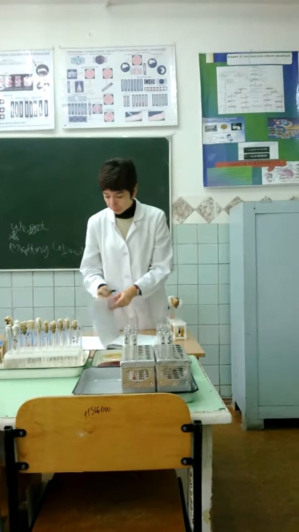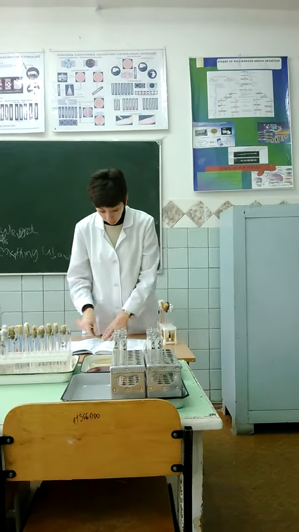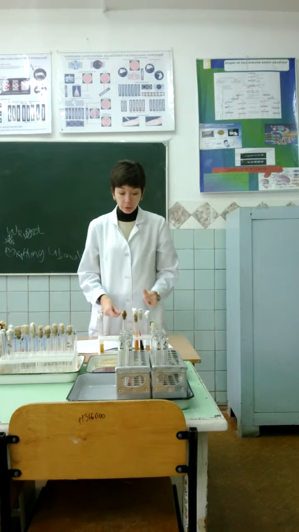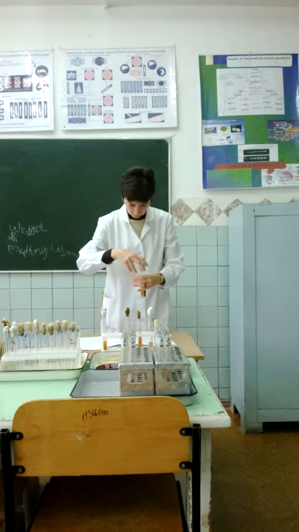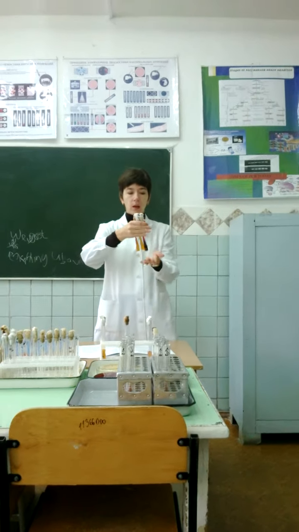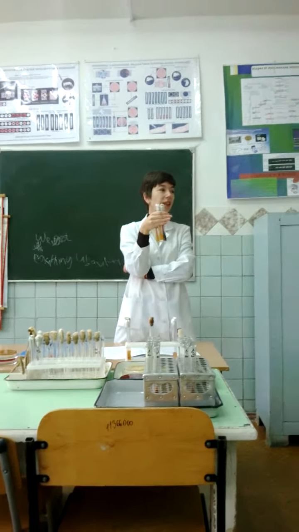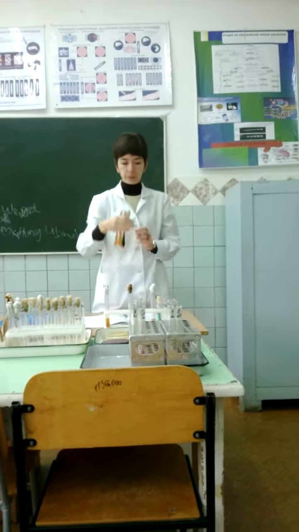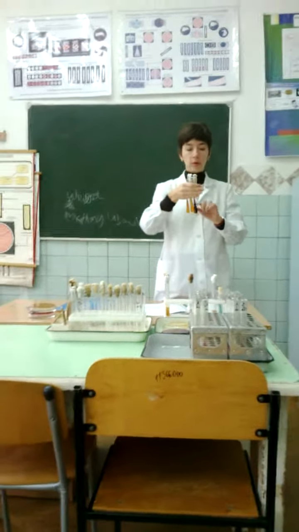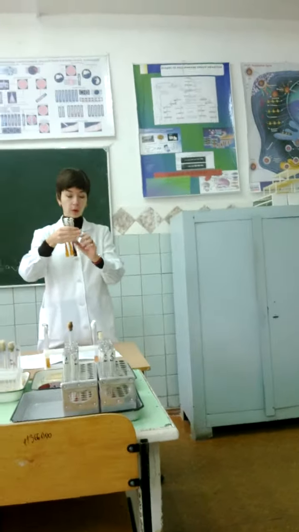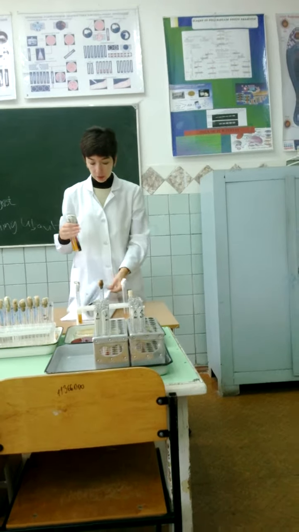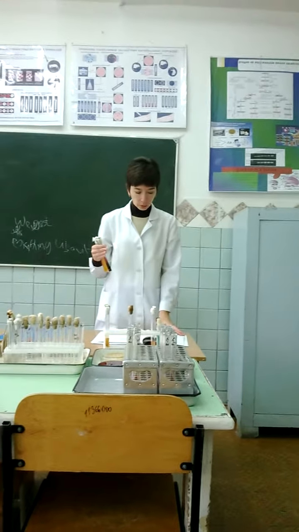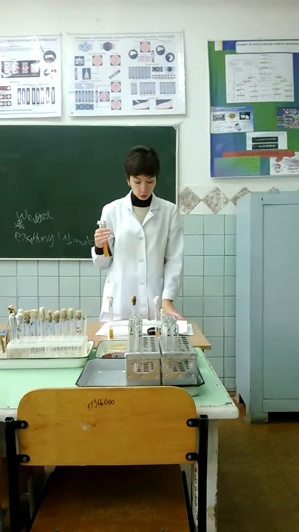Okay, and then triple sugar iron agar. It's a specific differential medium for identification of enterobacteria. It contains glucose, lactose, sometimes sucrose, and an indicator, with ferrous salt for producing hydrogen sulfide.